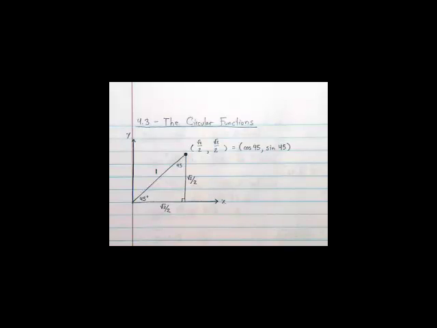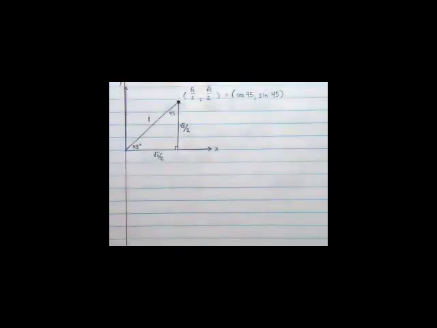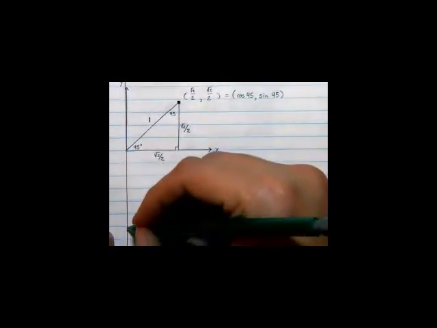Okay? I'm going to do this again, and we're going to put a 30, 60, 90 on here. And see if we can come up with the coordinates for that one.